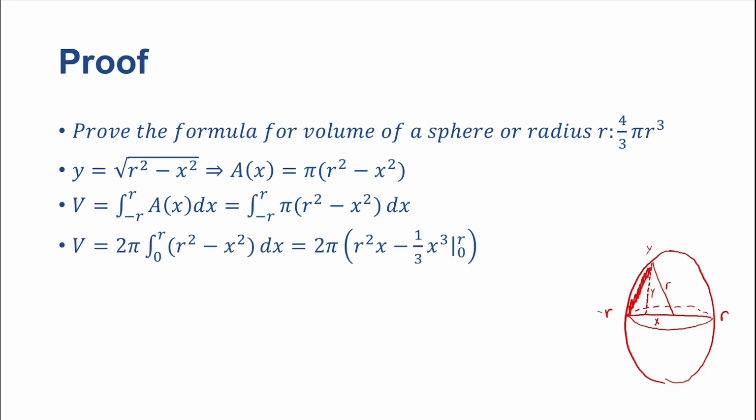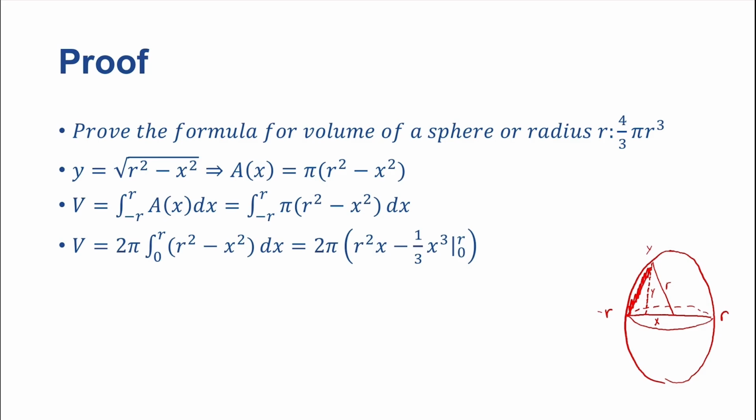That gives us the volume equal to 2 pi times the integral from 0 to r of r squared minus x squared dx. Now r squared is not dependent on x, so we just tack on an x because we're treating r squared as a constant. That gives us 2 pi times r squared x minus 1/3 x cubed, evaluated between 0 and r.